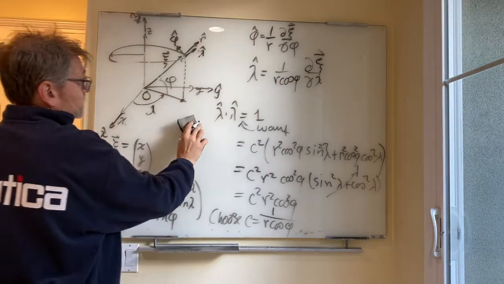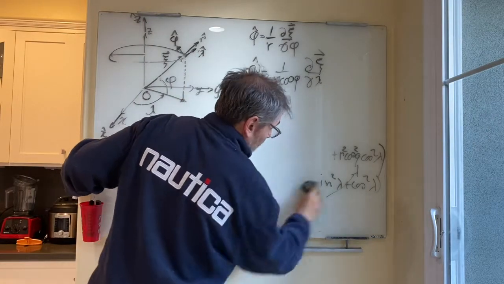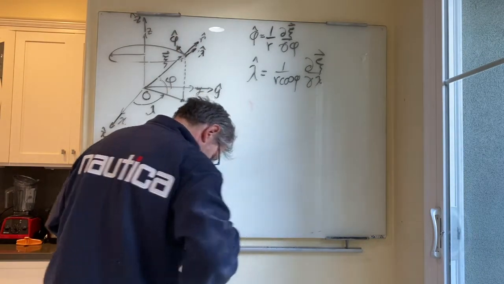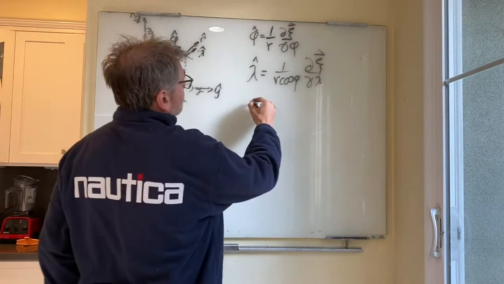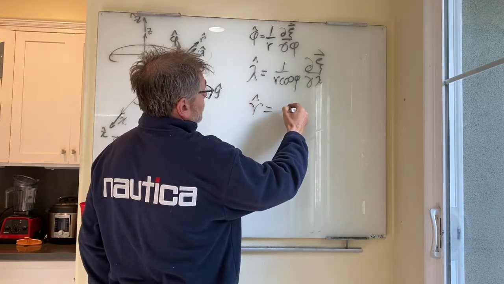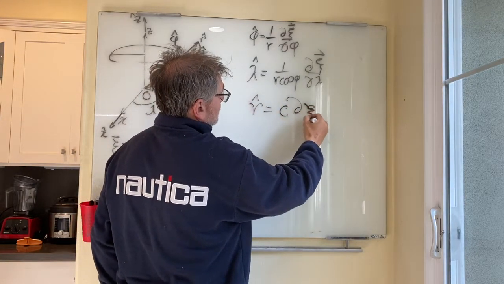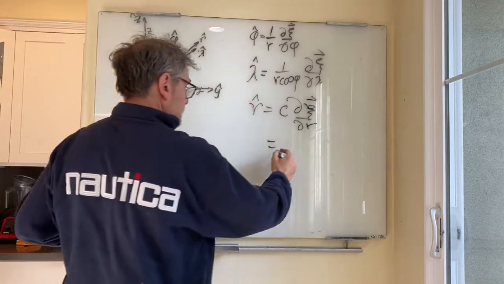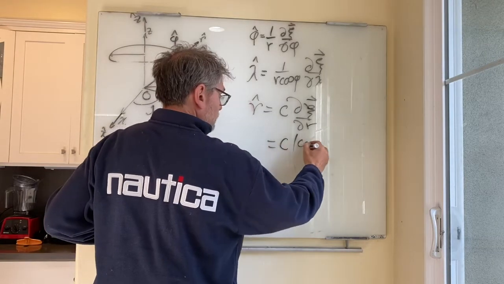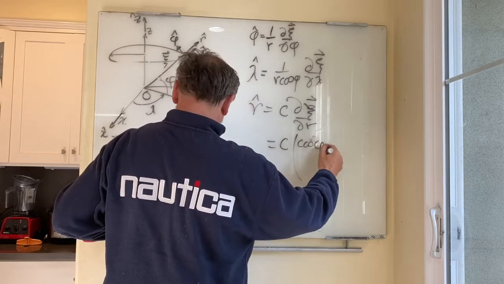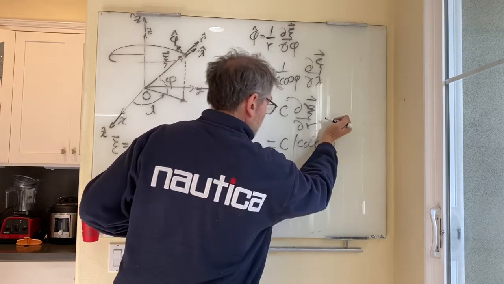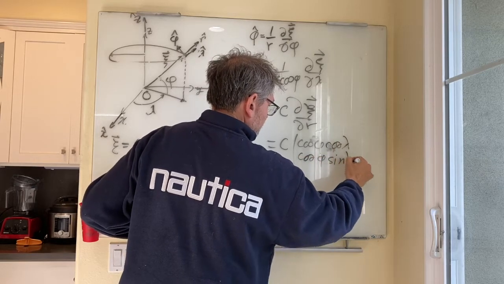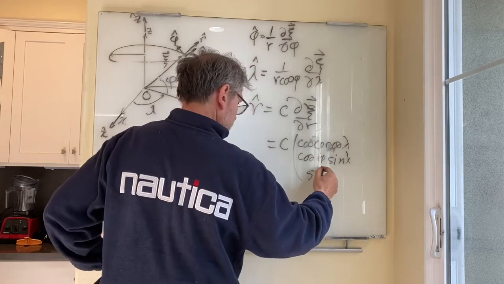And finally we can do the last one, r hat. R hat is equal to some constant c times dx dr, and that will be simply c times cos phi cos lambda, cos phi sine lambda, sine phi.